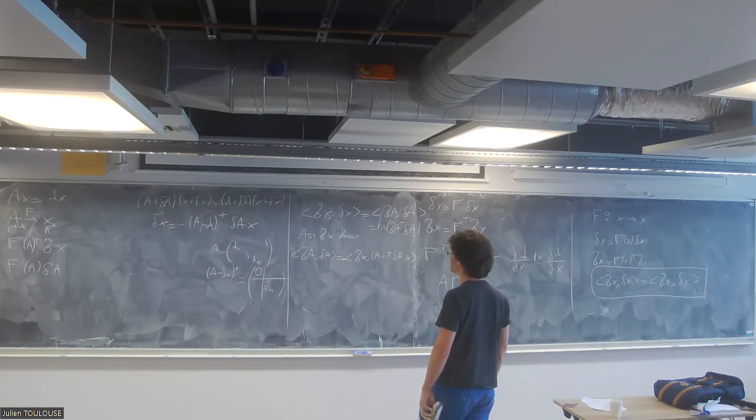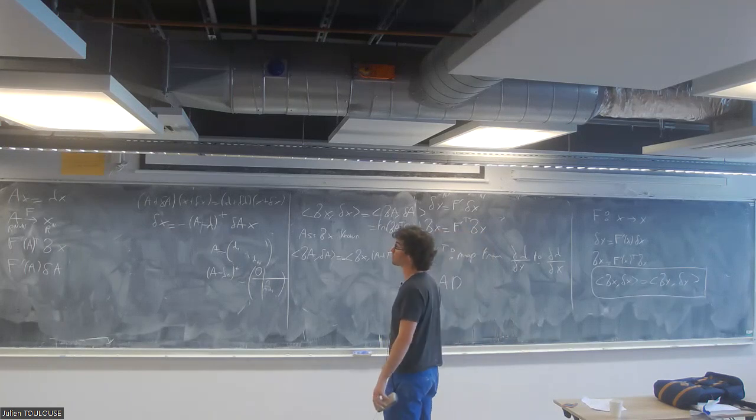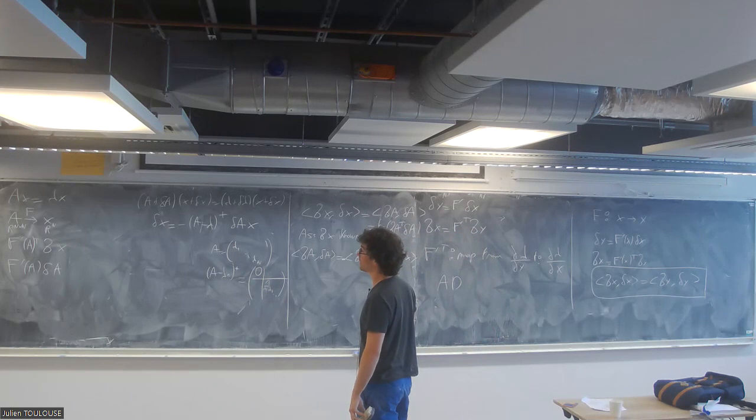So delta A is known, sorry, delta X is known. I want to compute... here, delta X is known, but atlet X is known. What is delta A?